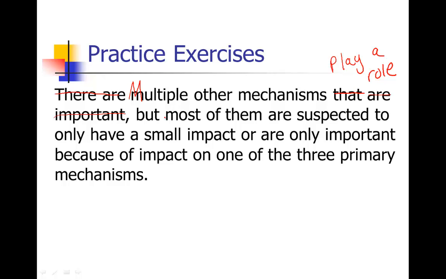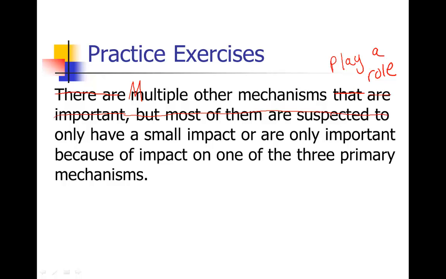So we probably don't need any of this, "but most of them are suspected to." And then we get "they either have a small impact, so therefore they're not one of the 3 primary mechanisms, or their impact is working through one of the 3 primary mechanisms." Notice the repetition. We get "are only important" because of "impact." Notice the use of "impact" twice, the use of "important" twice.